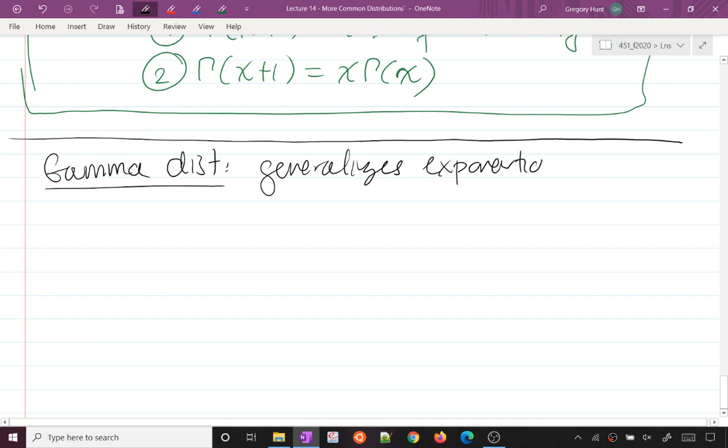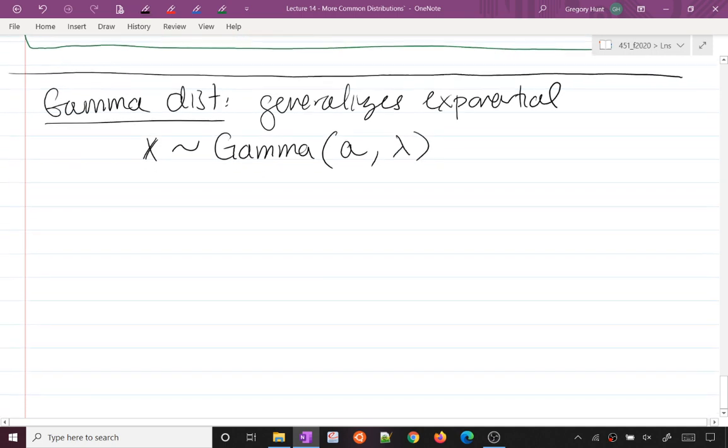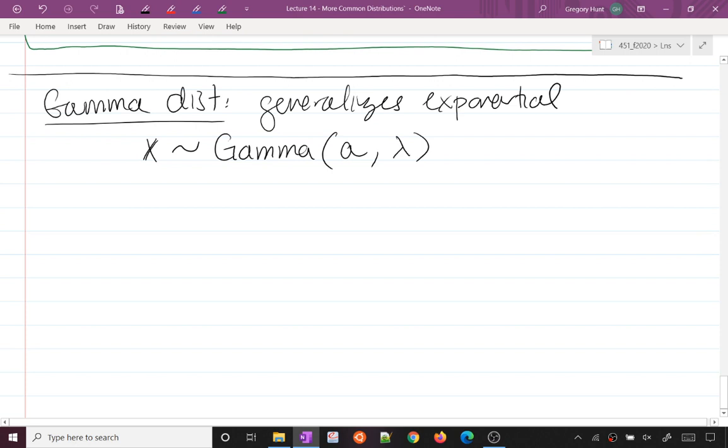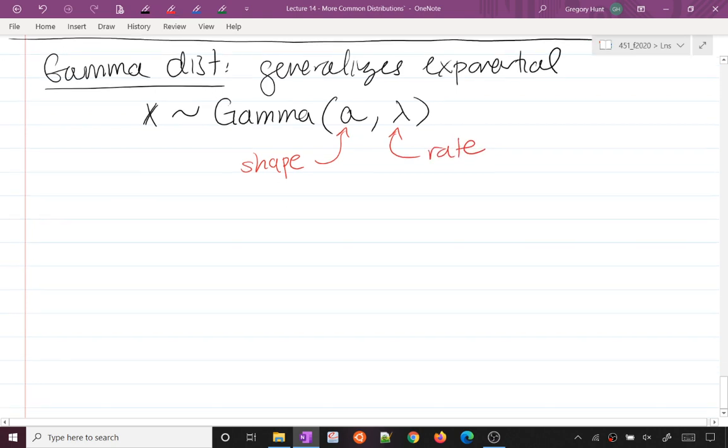We say that X is distributed with a gamma distribution, and there are two parameters. We're going to call them a and lambda in this case. The parameters are not the easiest thing to interpret. You could think of them as shape and rate, maybe, as one way to think of them.